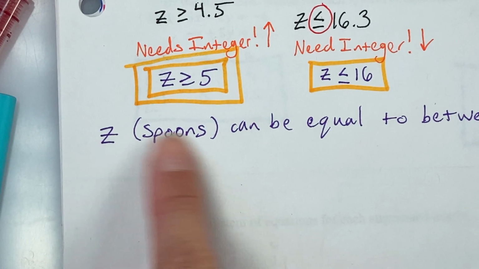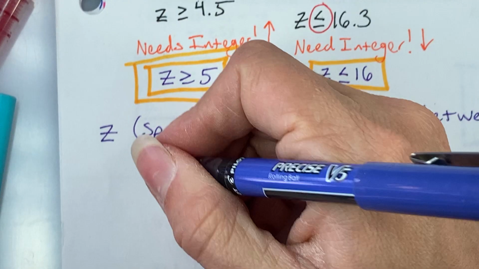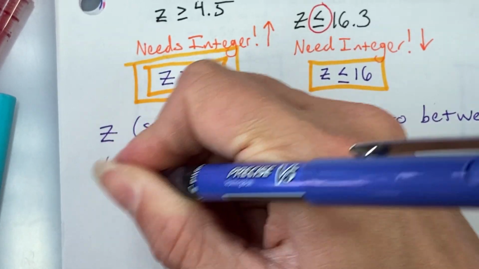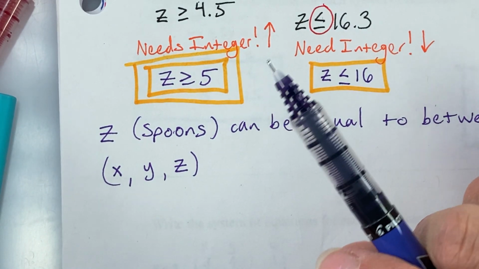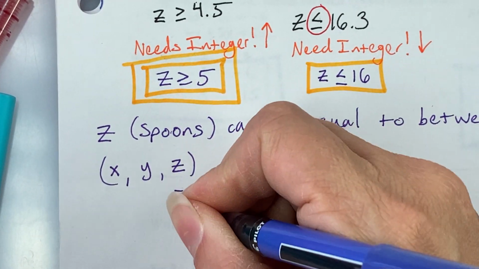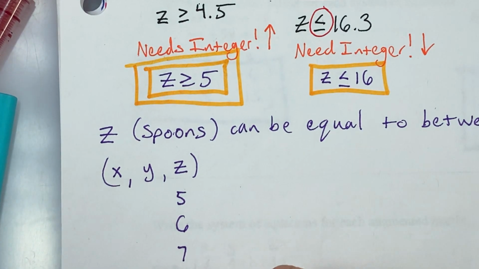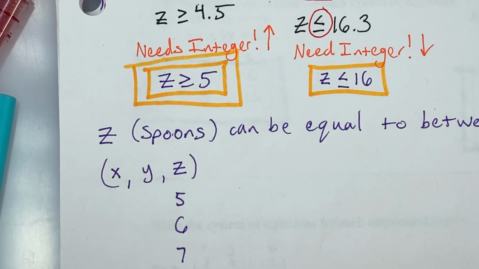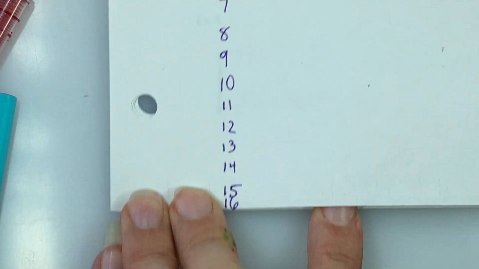So since Z, my spoons, can be equal to 5 through 16, if I had an x, y, z coordinate, the Z reference variables that we could use to generate solutions, we could have 5 for Z, 6 for Z, 7, 8, 9, 10, 11, 12, 13, 14, 15, and 16.